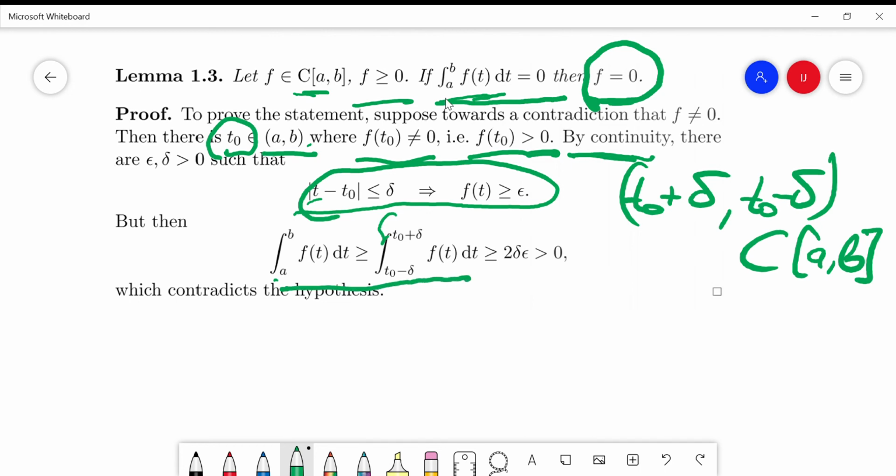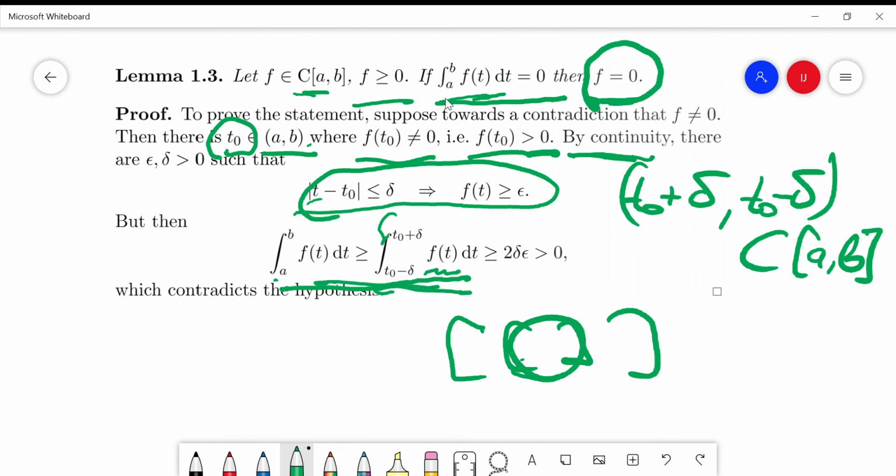We have this inequality, so we are decreasing the value, and we know that this function is always non-negative. Thus, when we take the integral over a smaller interval, we will for sure have a smaller value in total.